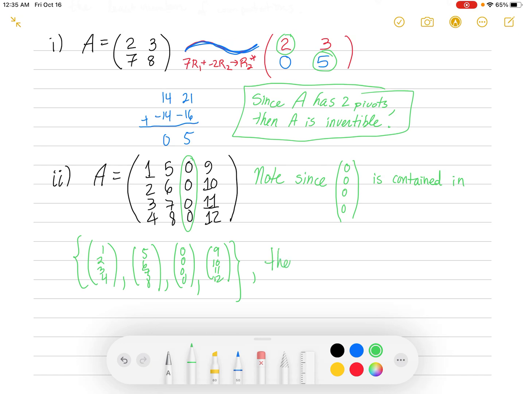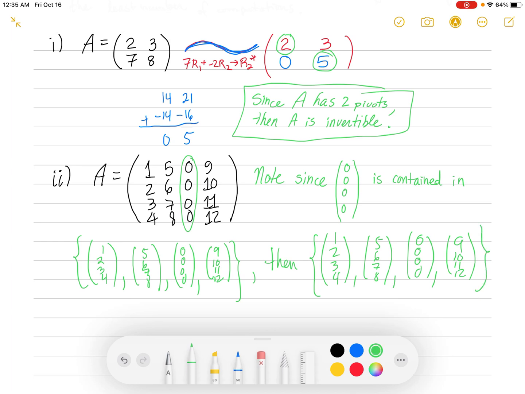So note that since the 0 vector is contained in this set of vectors, then this set of vectors, 1, 2, 3, 4, 5, 6, 7, 8, 0, 0, 0, 0, 9, 10, 11, 12, is linearly dependent.